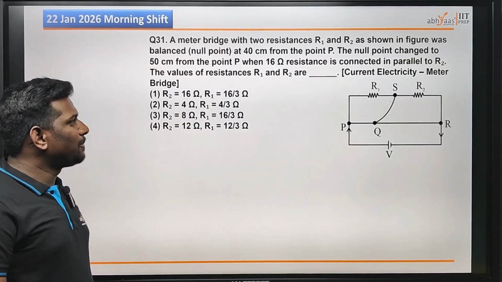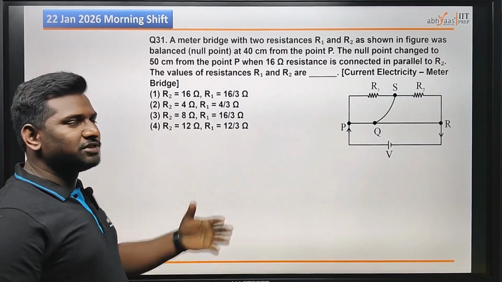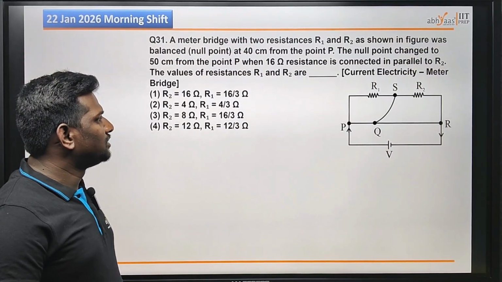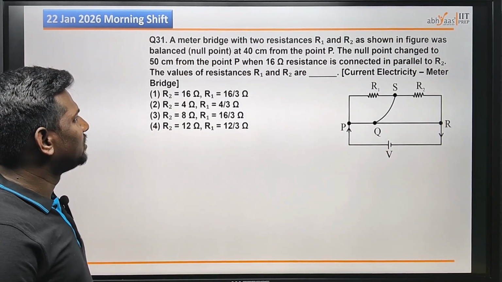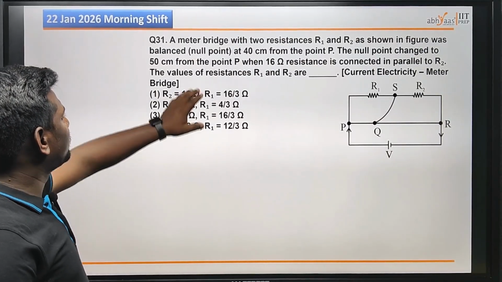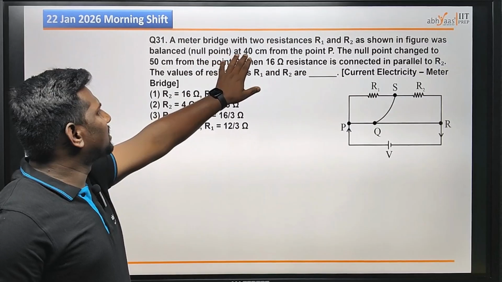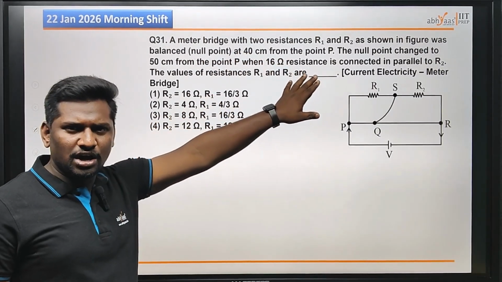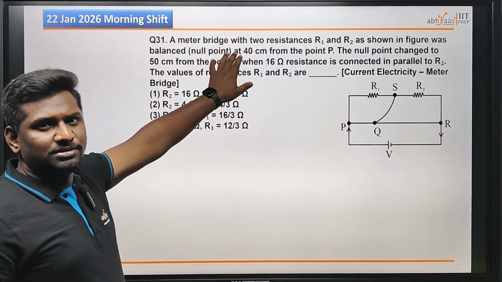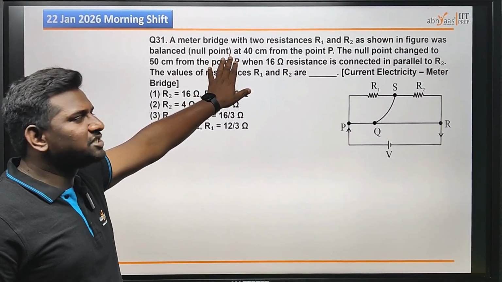So next one, see here, question number 31, which belongs to current electricity and meter bridge. Very easy, null point. Read that question very carefully. A meter bridge with the two resistances R1 and R2 as shown in the figure is balanced, which means the Wheatstone bridge is balanced.